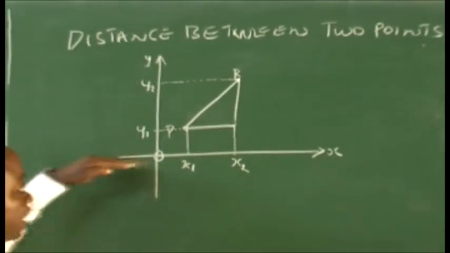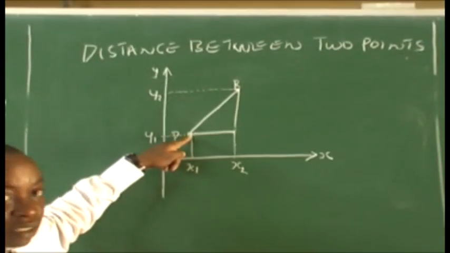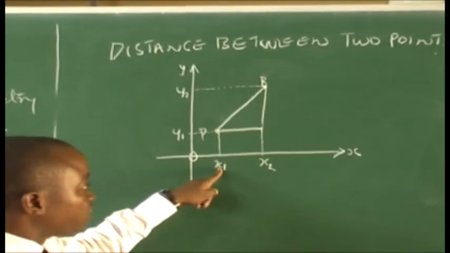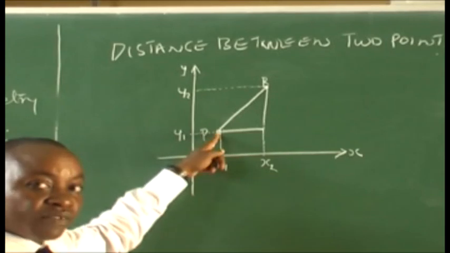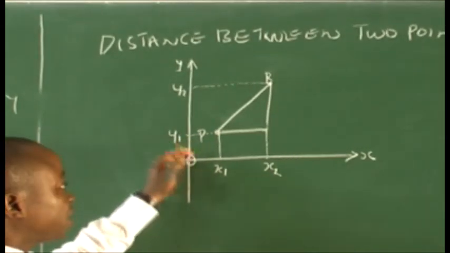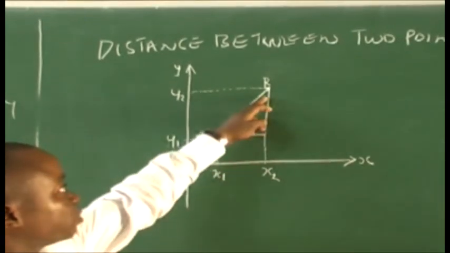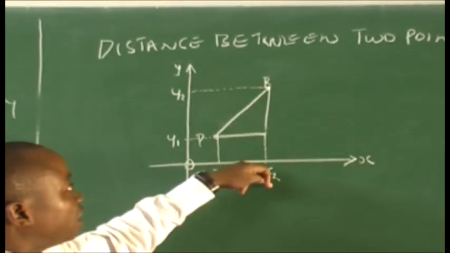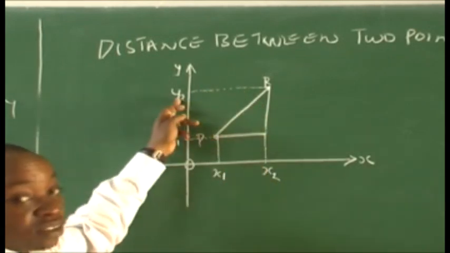Because from this line, if I go this way, then this first one will also have a coordinate corresponding to the x-axis, and will also have a coordinate corresponding to the y-axis. So let me call that one x1 and y1. Then at this point, I will call it x2 and also have its coordinate y2.